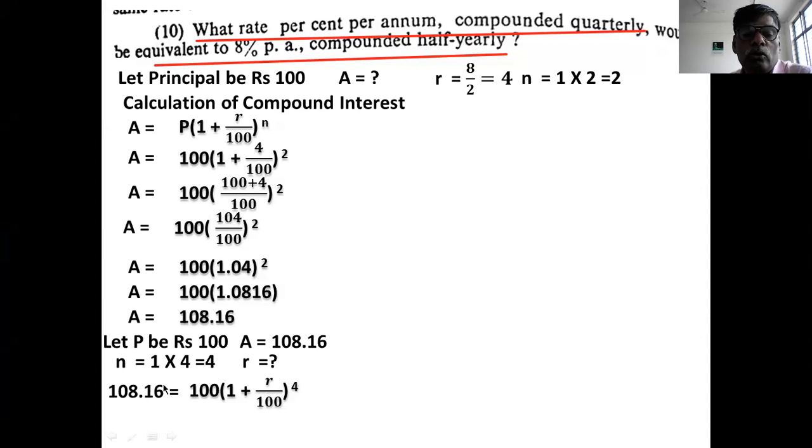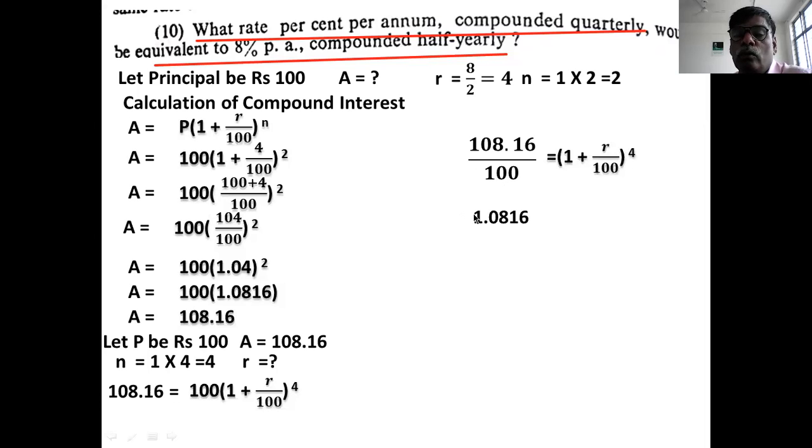So solve this. 108.16 divided by 100 is equal to 1 plus R by 100 raised to 4.